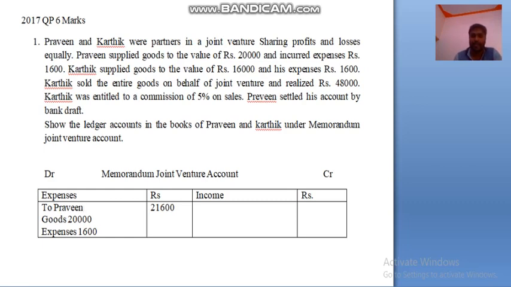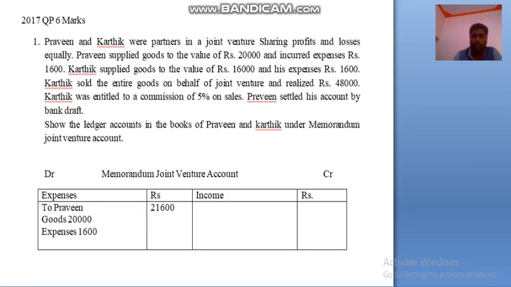Next transaction. Karthik supplied goods to the value of rupees 16,000 and his expenses were 1,600. So these expenses were paid by Karthik. So here, to Karthik, goods worth rupees 16,000 and expenses rupees 1,600, total 17,600.